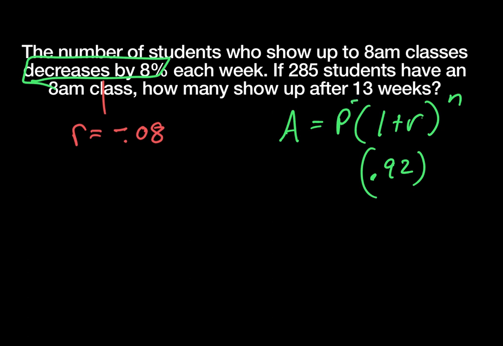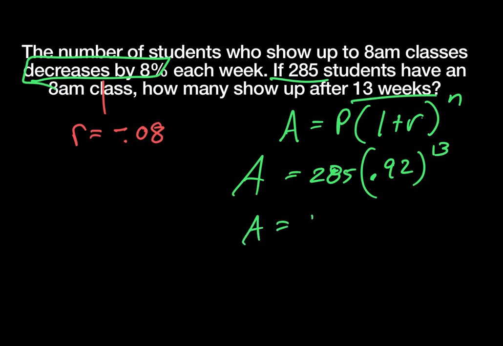How many people show up after 13 weeks? 13 weeks. What did I start with? 285 students. And that will be then the amount that we have. This is not based on real data, although it probably could be. 285 times 0.92, and the 0.92 is raised to the 13th power.